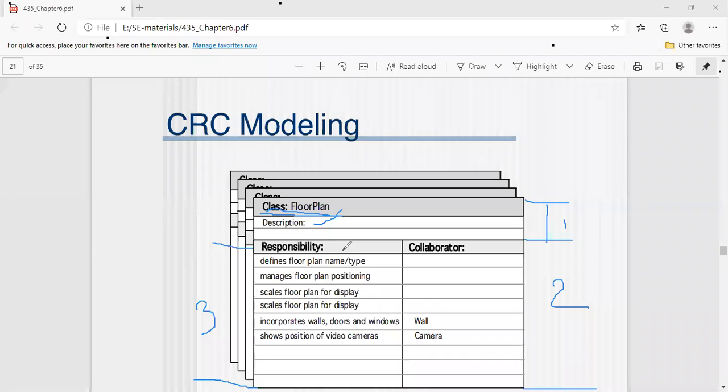And the third one is a collaborator. By using that collaborator, we need some support to fulfill our class work or our job. Sometimes we can't fulfill the project work independently, so by taking the support of some other classes, we should fulfill our project, isn't it? So that is called a collaborator here.